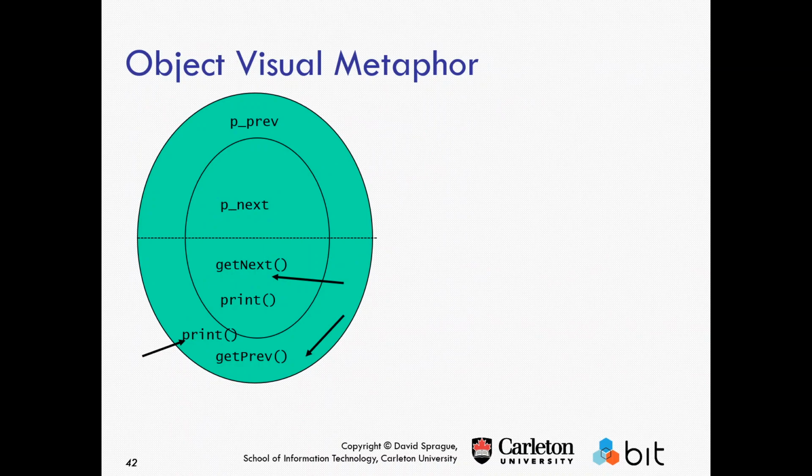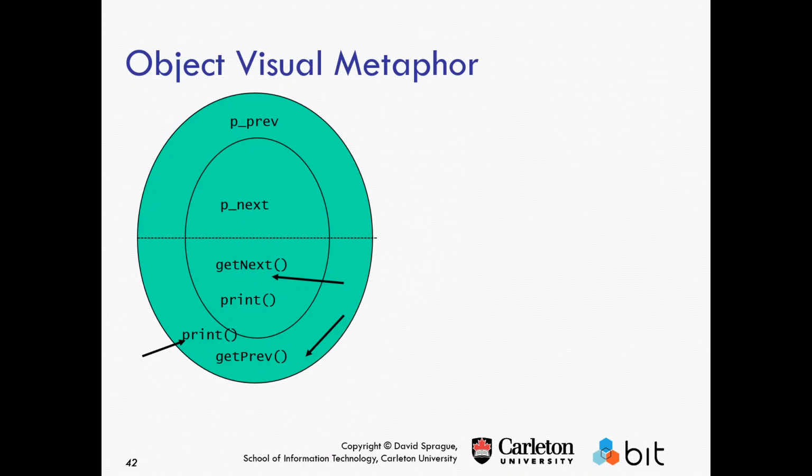I'm going to hit the outside version of print first before I get to the one on the inside. This is just a visual metaphor, but I will go to the child version of things first. And if there's no child version of print, then I will go further in. And if there's no version of print there, I'll go further in until I finally hit some function named print. I will get the outermost instance of that function.